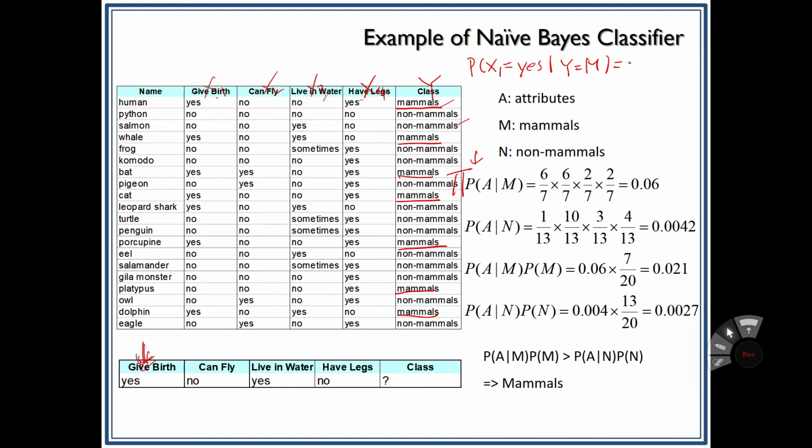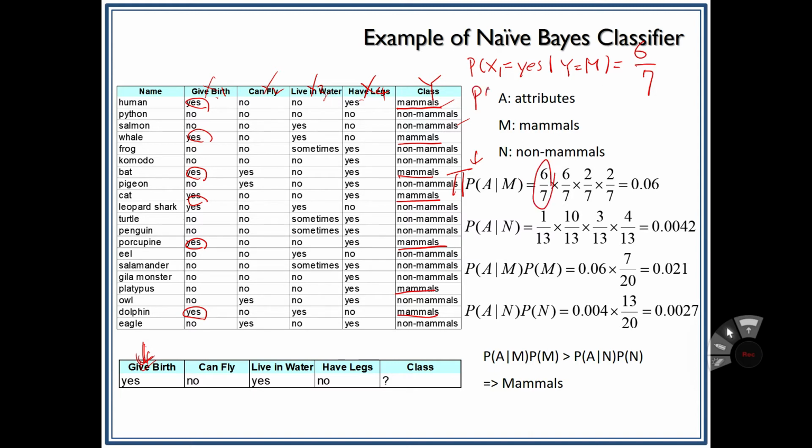Among the 7, the observations having yes on x1 are 6. So this probability is 6 over 7.